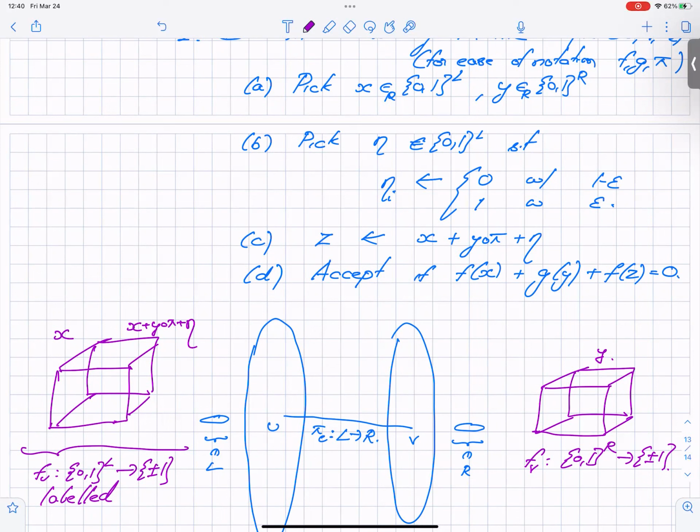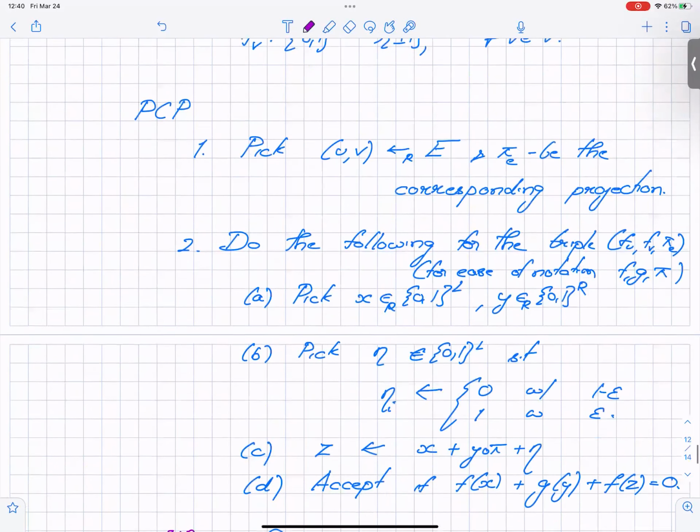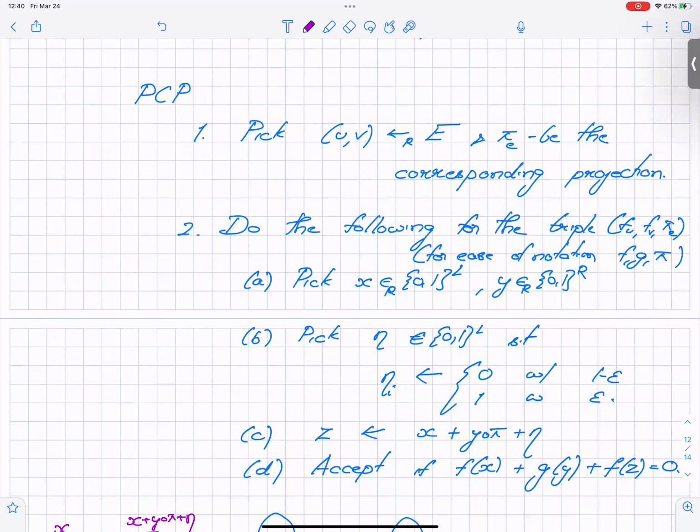Let's ask about completeness. If I had a label cover and I tried to compare x and y with y, what is the input it's going to take? It's going to take an input label on the left hand side. y of pi is this string.